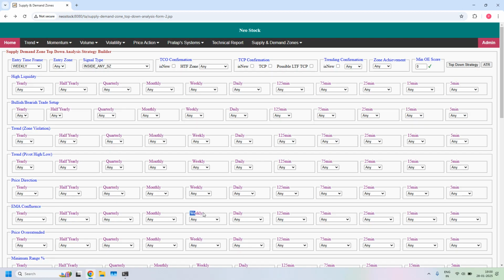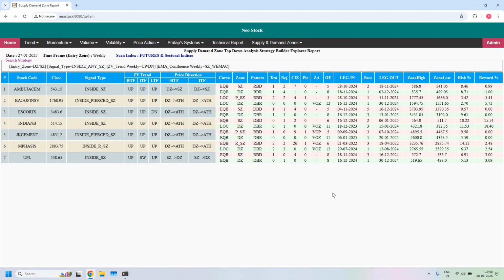EMA confluence, weekly time frame, weekly supply zone having weekly EMA confluence filter is enabled, and trend on weekly time frame should be either up or down. With these filters, we got 7 stocks. All these 7 stocks are having weekly EMA confluence. The supply zones having weekly EMA confluence. So this is about weekly time frame.